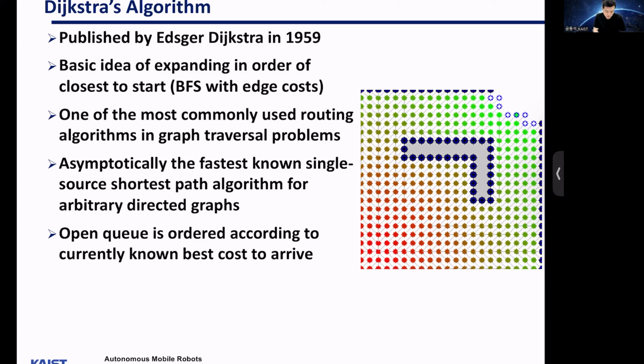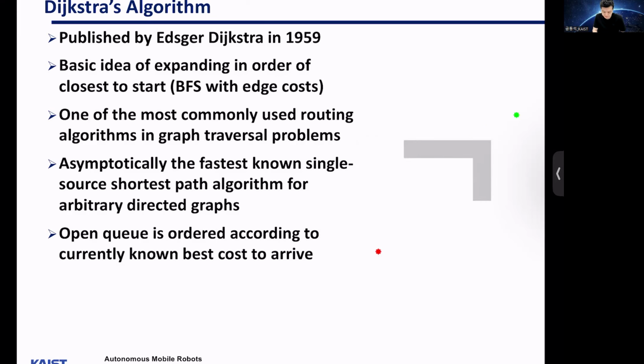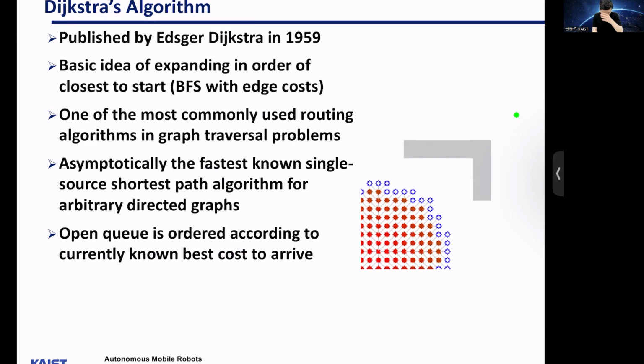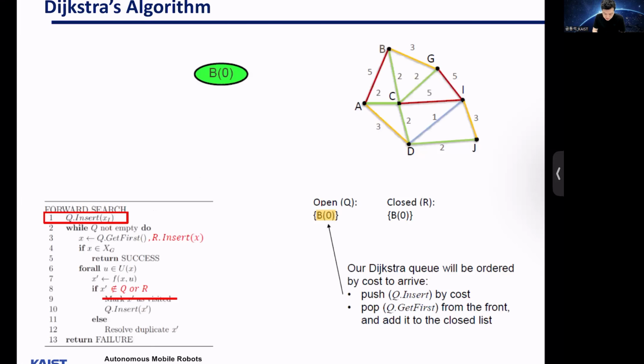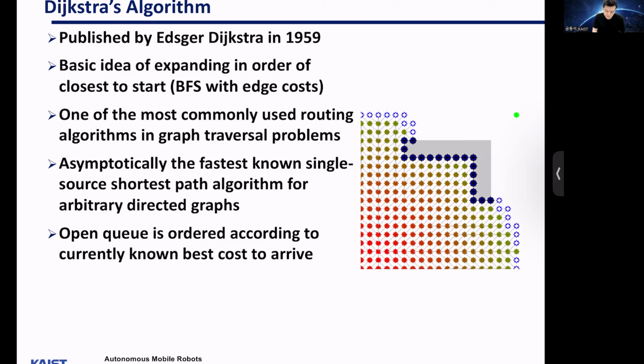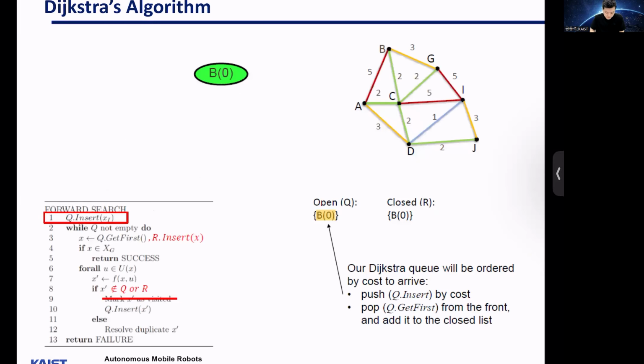The open queue is ordered according to currently known cost to arrive. So just like we looked at the tree search problem, it's doing that here for a robotic application or path planning problem. But the problem is that it's not that efficient. But let's first study what the Dijkstra algorithm is.